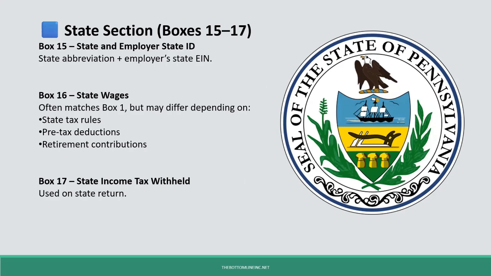Sometimes the state you work in, your employer will withhold taxes in that state, although you live in Pennsylvania. So we will often see someone who works in New Jersey, they withhold New Jersey taxes, but they live in Pennsylvania. In that case, you have to file both a Pennsylvania return and a New Jersey return.